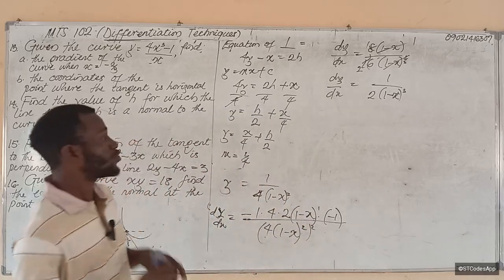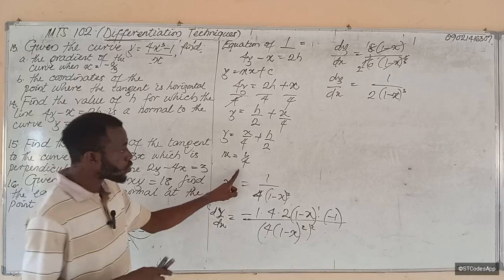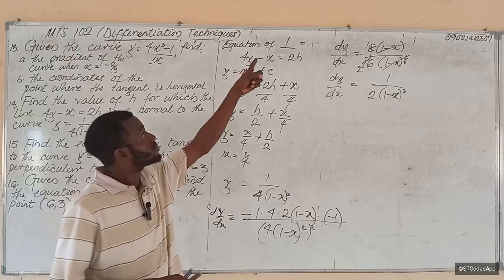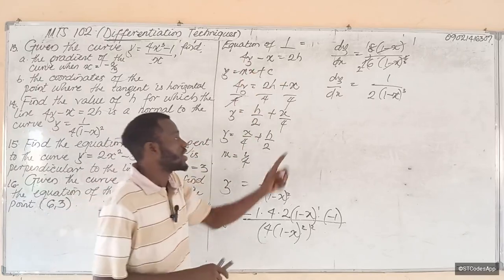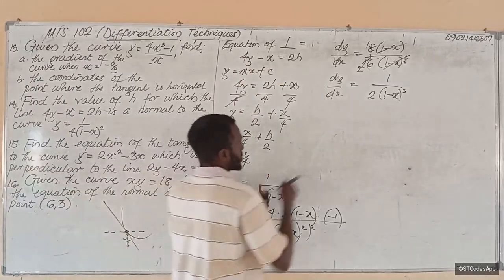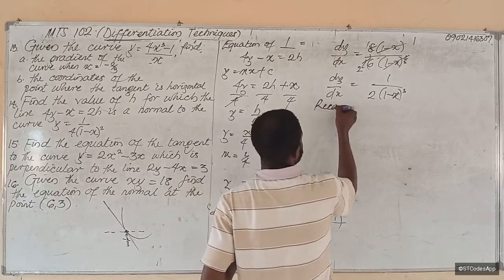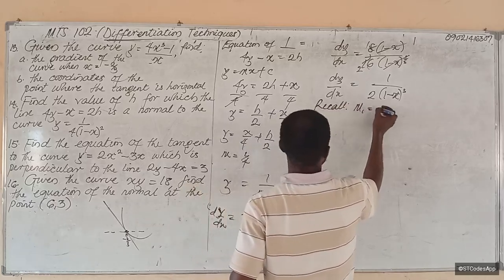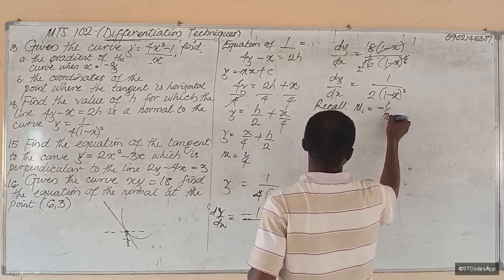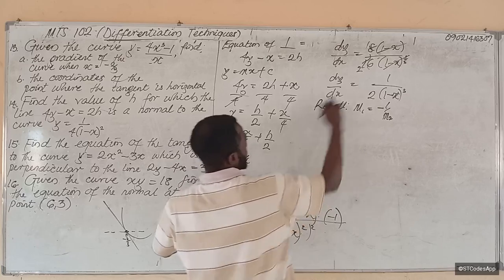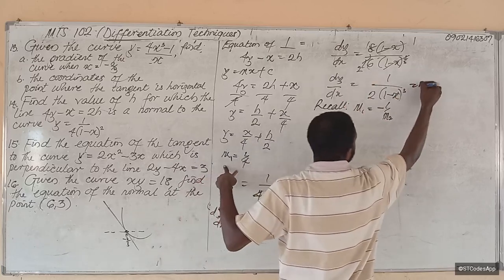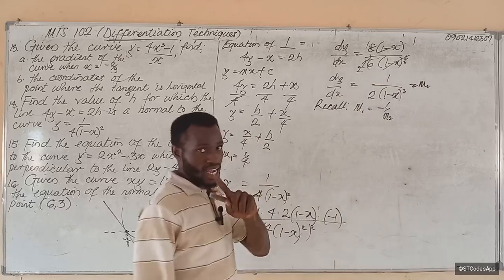You know that this is the slope of this line that is normal. Remember that I said m1 is equal to negative 1 over m2, right? So if our slope here is m1, this would be m2. Is it clear?